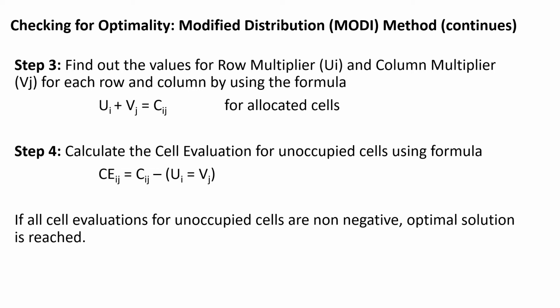And if all the cell evaluations are non-negative, mind it, non-negative, an optimal solution is reached. When I say non-negative, it covers both 0 and positive. So when all the cell evaluations are either 0 or positive, we say that the optimal solution is reached. We will take another example and show how this modified distribution method can be applied, right?